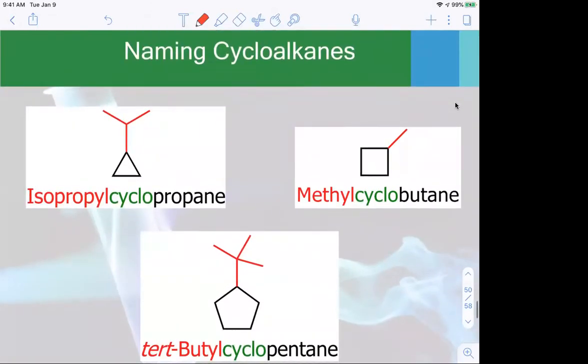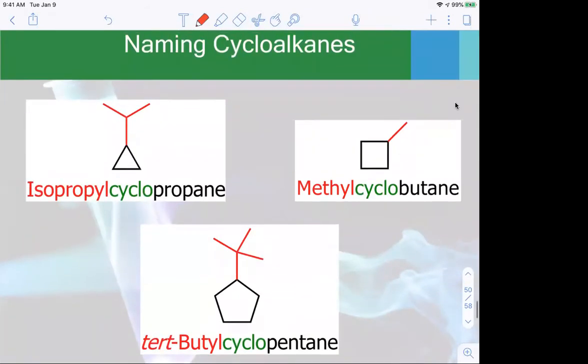So here, again, is how I name cycloalkanes. If there is only one substituent, like in these examples here on this slide, I'm going to name the cyclic structure, and then I don't need a number. I'm just going to name the substituent.